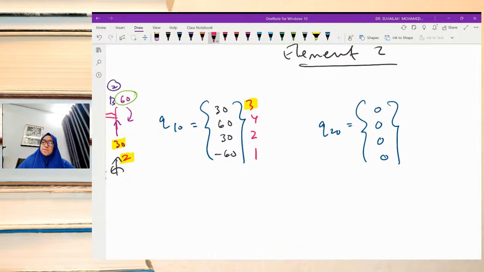Okay, we get 0 because there is no load on the member. No load on member, so we get all 0.